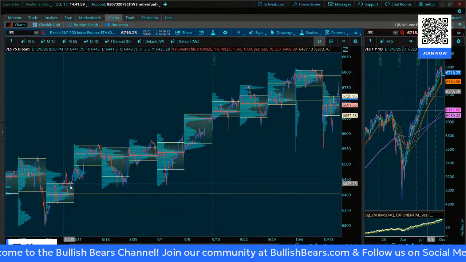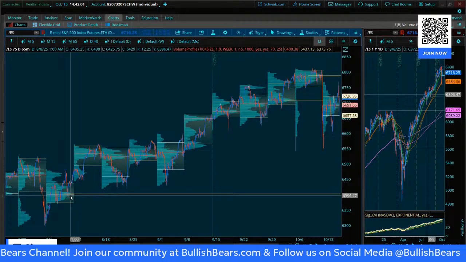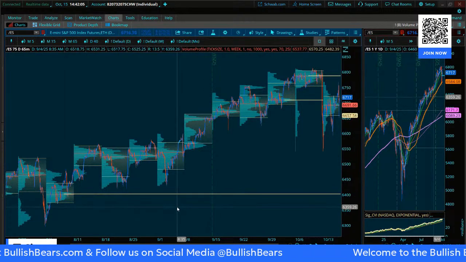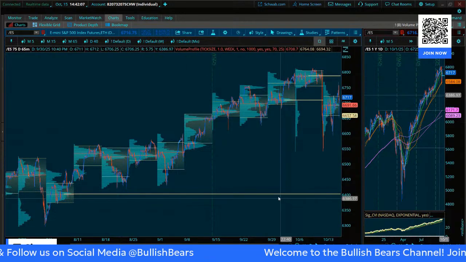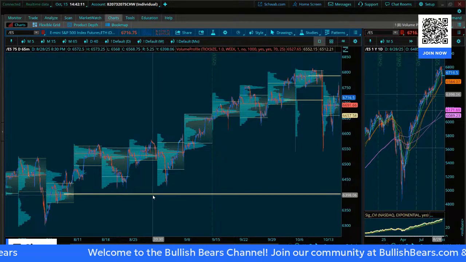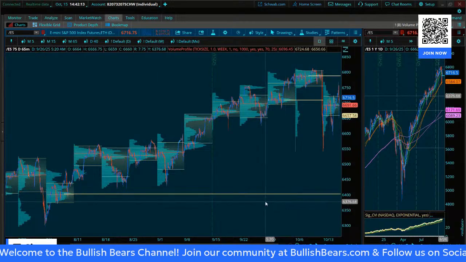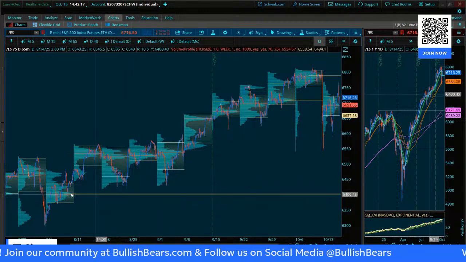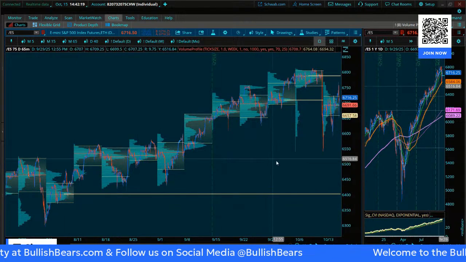So this can't be trapped traders, or traders' remorse if we happen to go back there, because they're not in those contracts anymore. Maybe they rolled into the new expiration, maybe not. And even if they did roll, they probably rolled up, right?